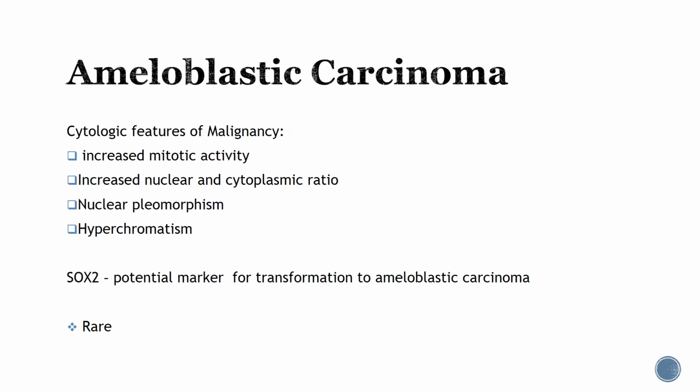Ameloblastic carcinoma, in contrast to malignant ameloblastoma, shows cytopathologic features associated with malignancy, with increased mitotic activity, increased nuclear to cytoplasmic ratio, nuclear pleomorphism, and hyperchromatism. Recently, the SOX2 marker has been touted as a potential marker for transformation to ameloblastic carcinoma.